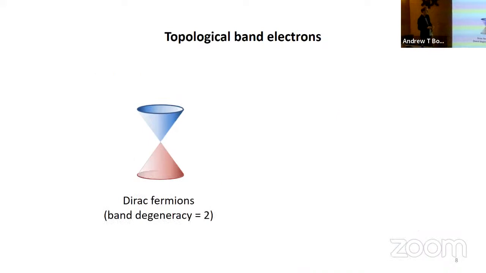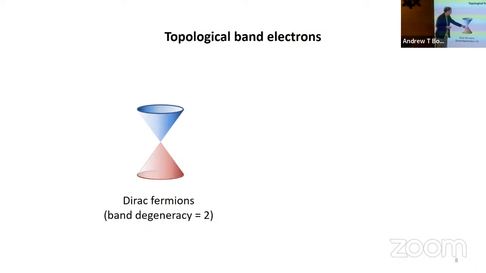The other thing that's interesting about this kind of band feature is that because the electronic dispersion is linear, the electrons are mimicking ultra-relativistic particles. In the case where these bands are doubly degenerate, which is what you get when you have a crystal which has spatial inversion symmetry and time reversal symmetry, then this electronic dispersion can be described by the famous Dirac equation for relativistic electrons.